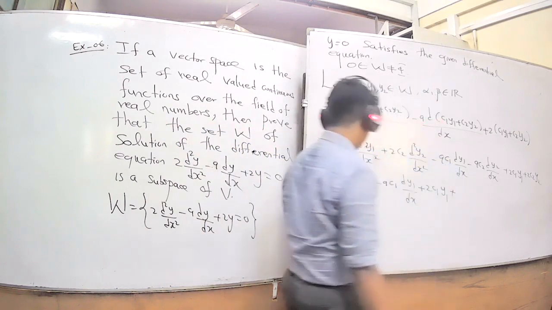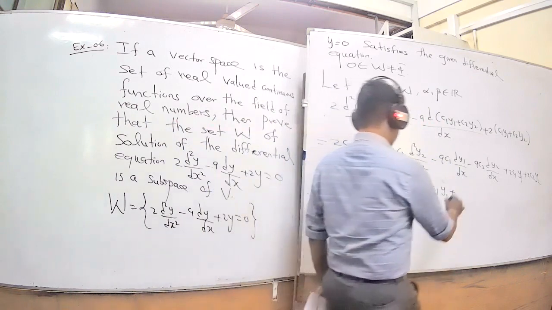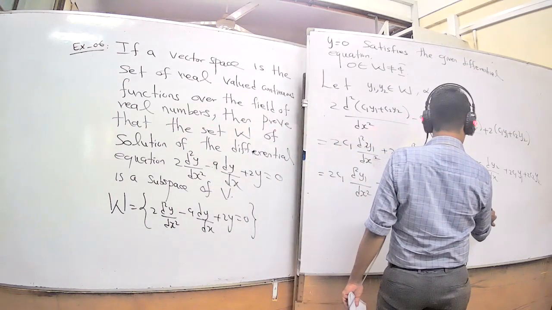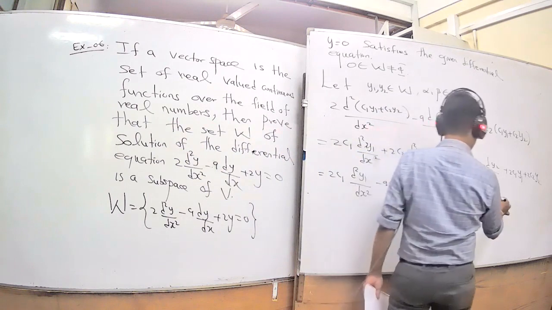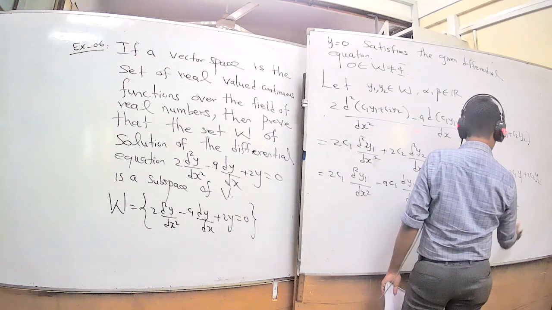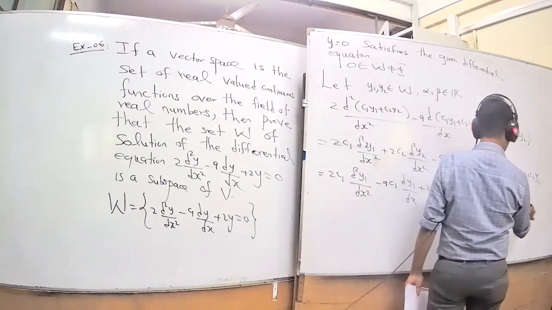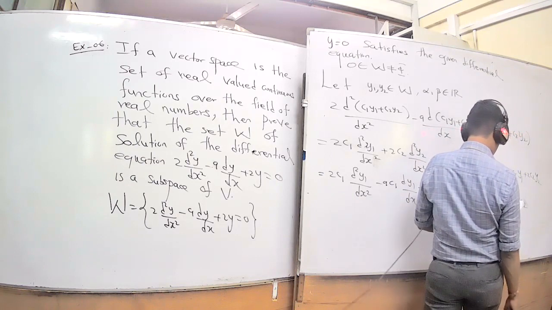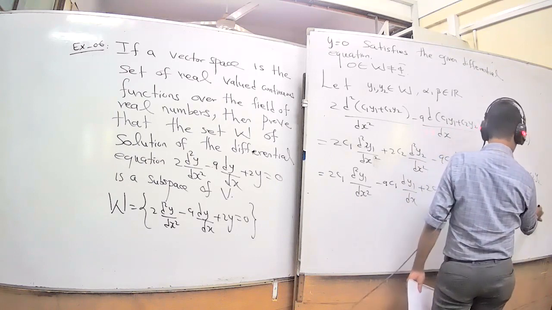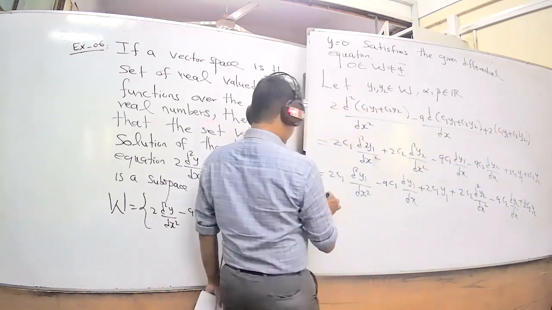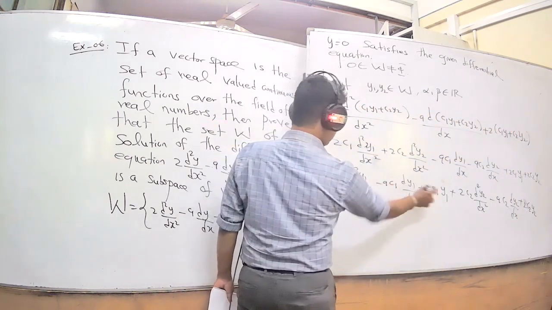Similarly for c2: 2 c2 d squared y2 over dx squared minus 9 c2 dy2 over dx plus 2 c2 y2. So you can take c1 common.